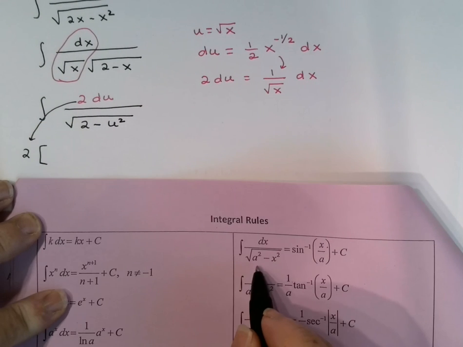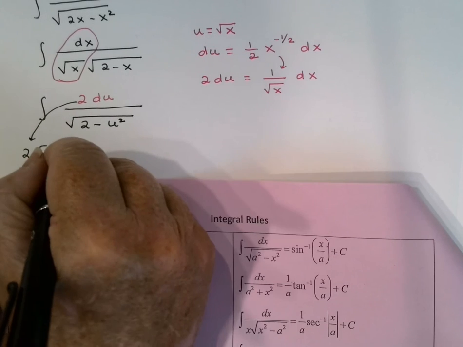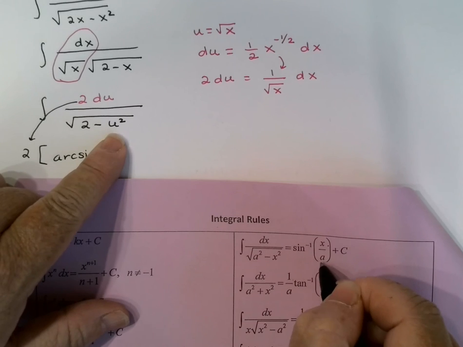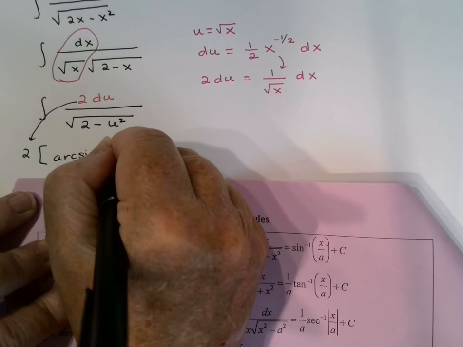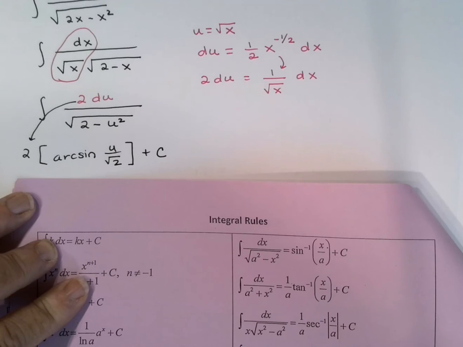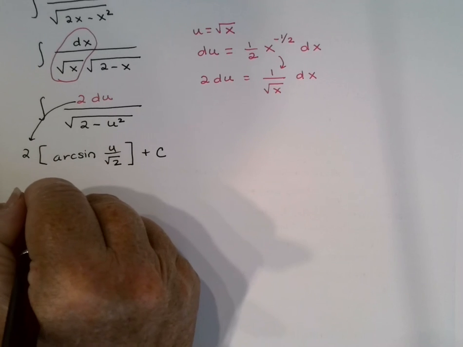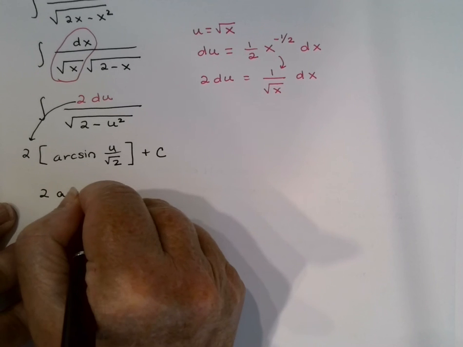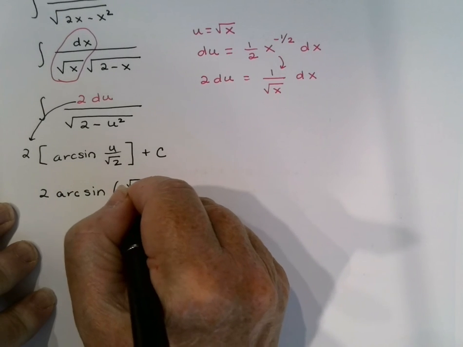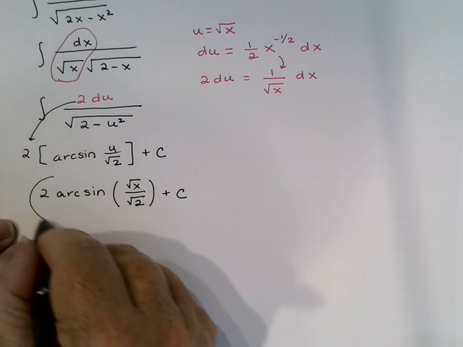And then again, a is the square root of 2, x is u, so I'd have inverse or arc sine of u over the square root of 2, plus c. So that would be 2 arc sine of my u, which is the square root of x, over the square root of 2, plus c.